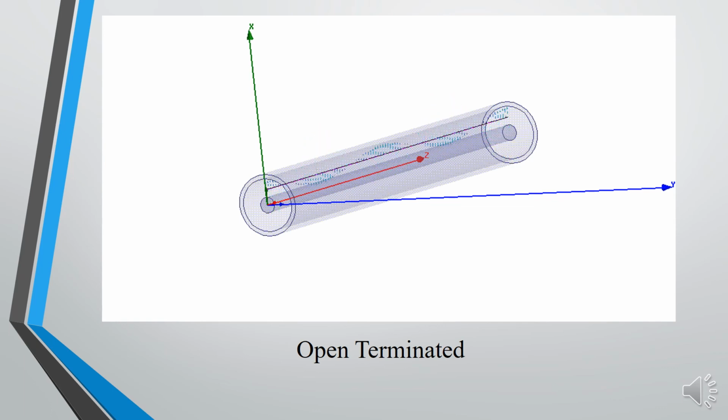The current will be 0, so the voltage will be maximum. You can see from this electric field that at the load end the voltage is maximum. Also you can see that there is no propagation of this wave; it becomes stationary, and this is basically the standing wave pattern, right?